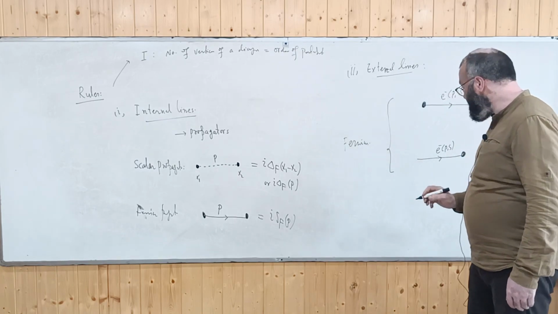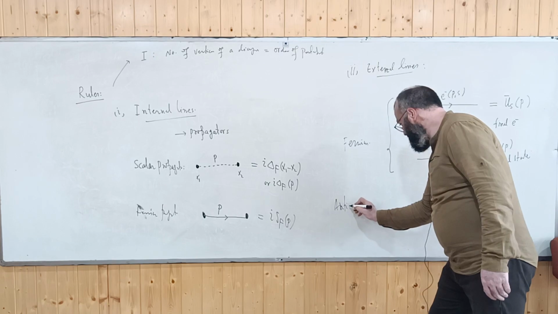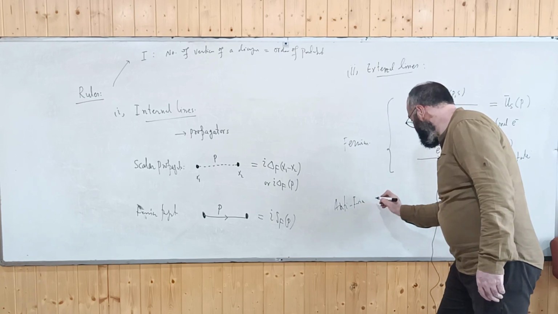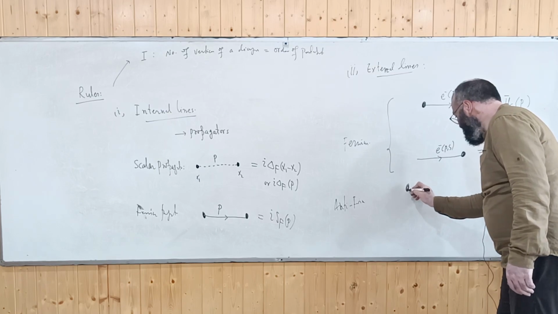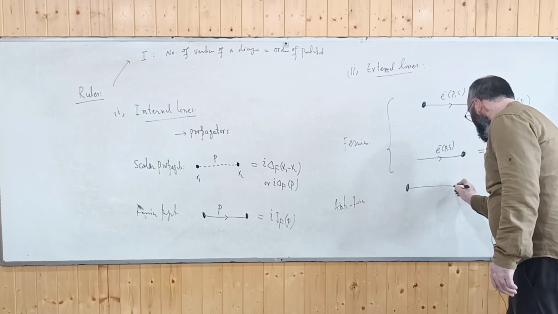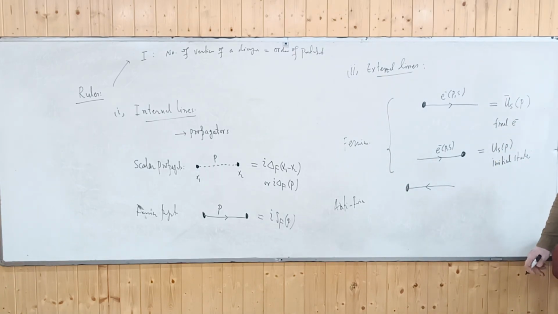Okay, so these are the fermions. Now let's take the antifermions. So if I am having, let's say, this, can you tell me what this line represents? It's not leaving.